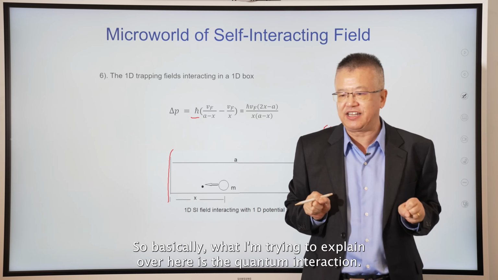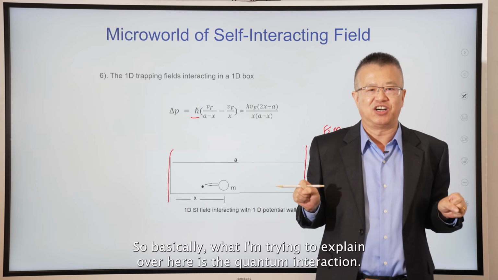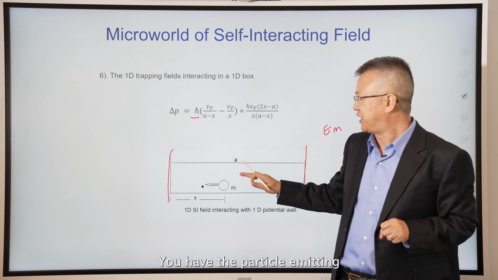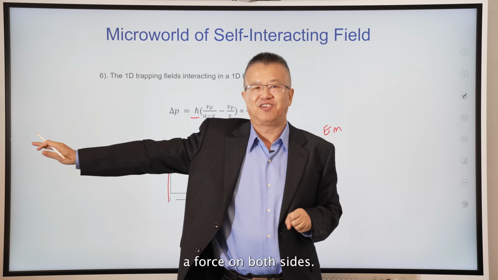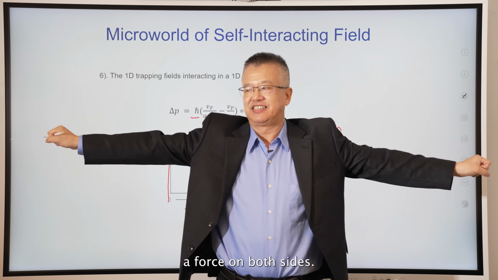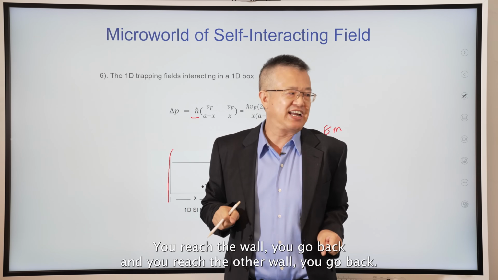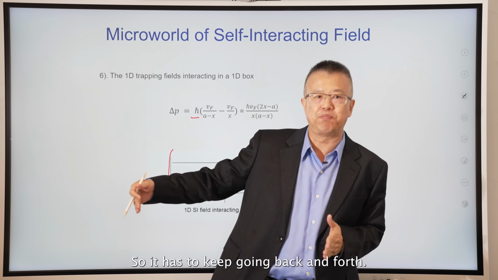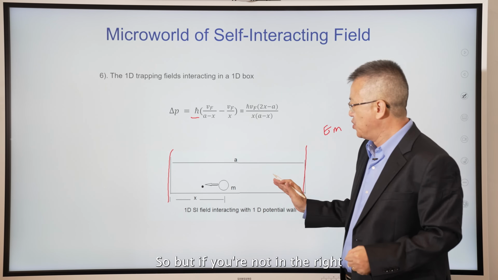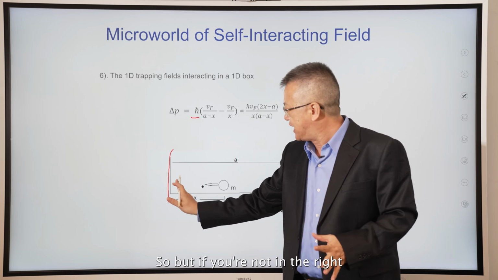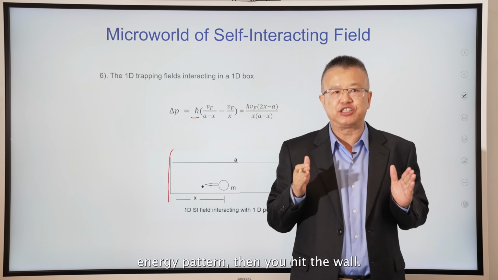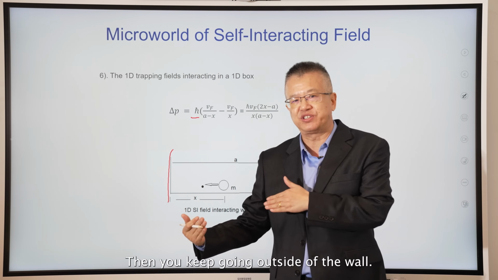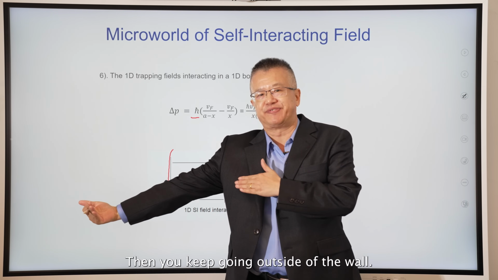So basically, what I'm trying to explain is the quantum interaction: the particle emits a force on both sides. You reach the wall, you go back, and you reach the other wall, you go back. So it has to keep going back and forth. But if you are not in the right energy pattern, you hit the wall with not enough force, and you keep going outside of the wall.